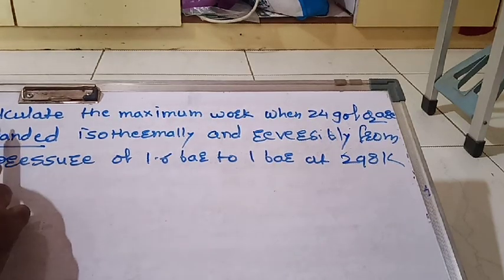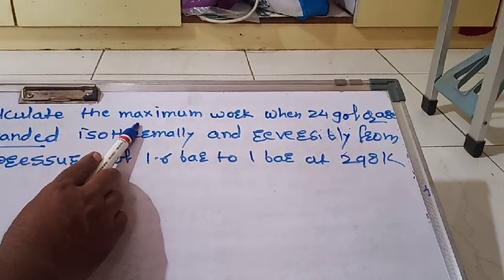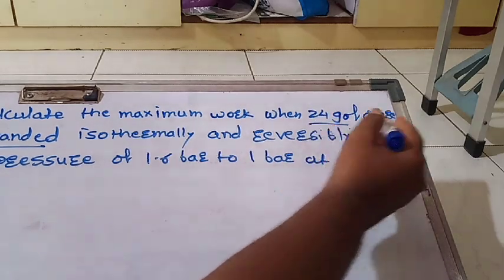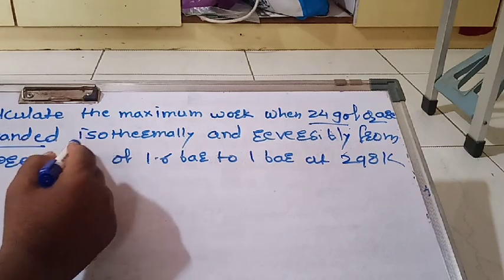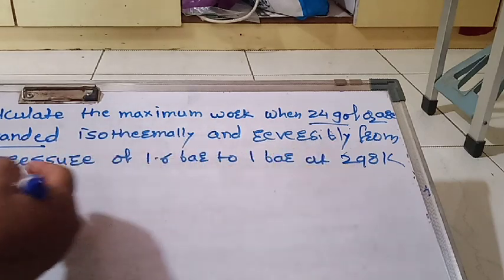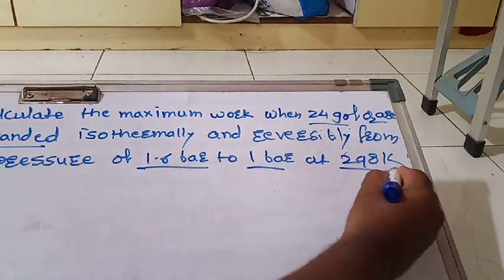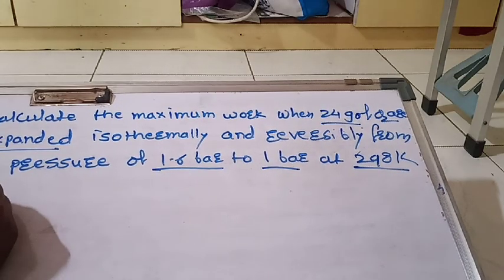Next example is: calculate the maximum work when 24 gram of O2 are expanded isothermally and reversibly from the pressure of 1.6 bar to 1 bar at 298 Kelvin. So first you write given.